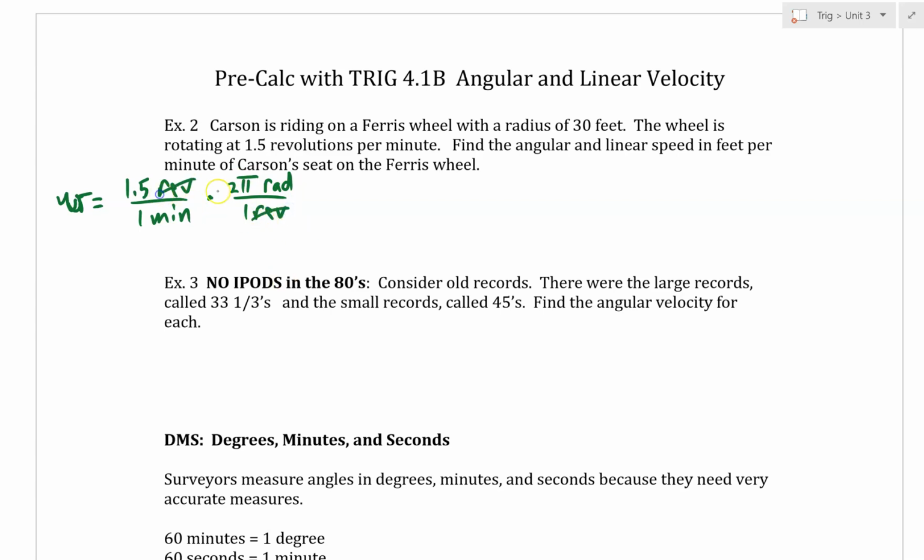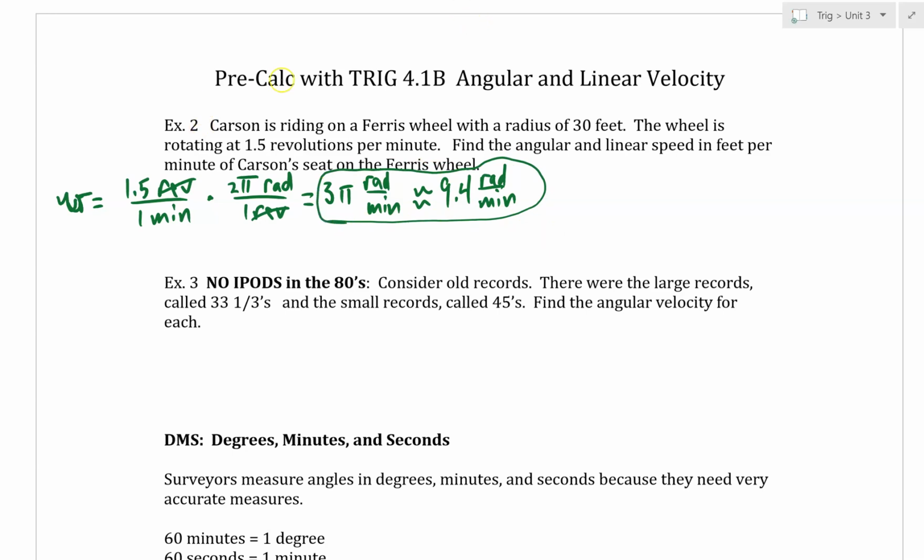Revolution cancels. We're going to get an answer here of 3 pi radians per minute, which is roughly 9.4 rads per min. So that would be the first part of the answer right here.